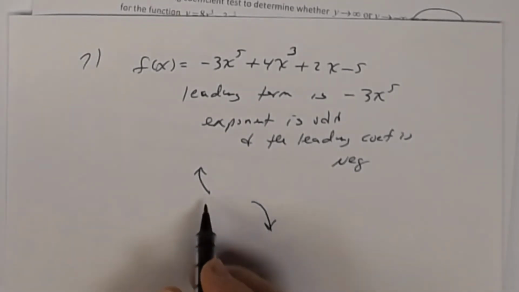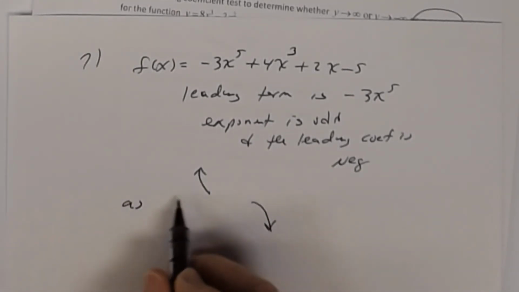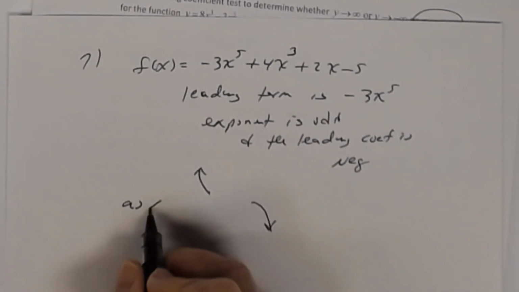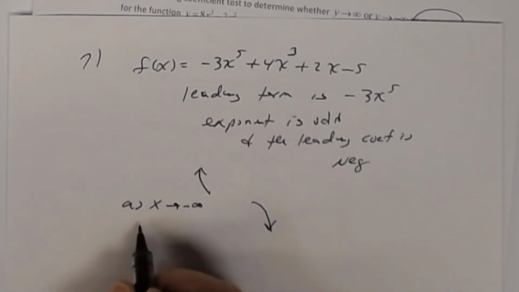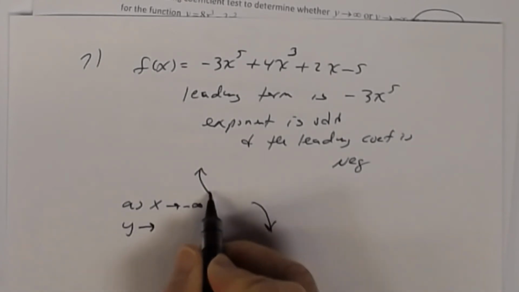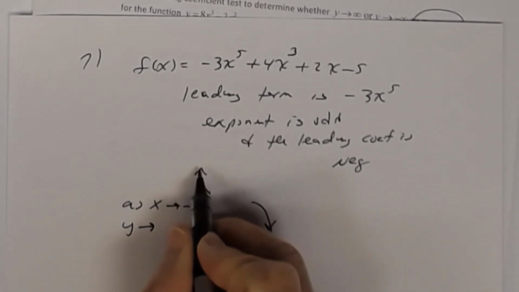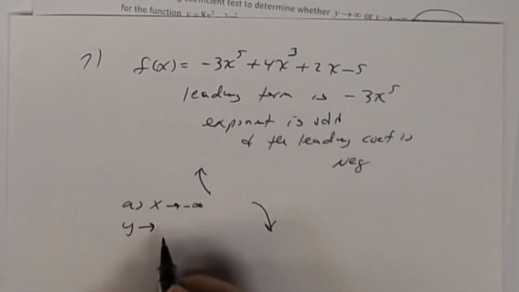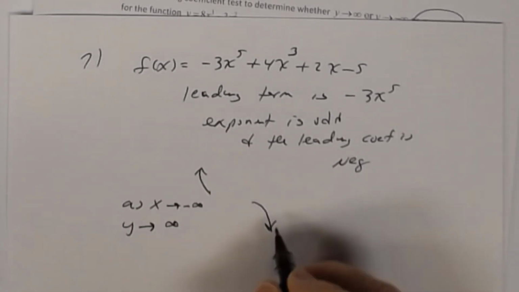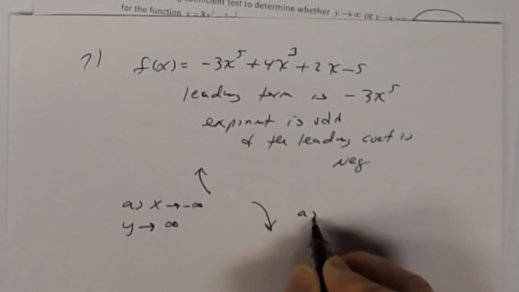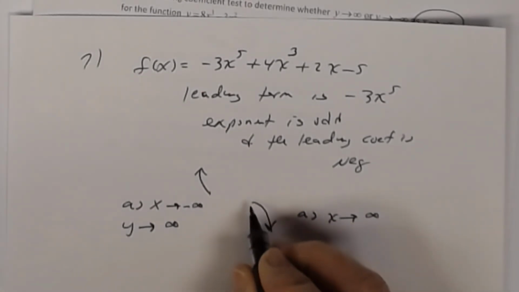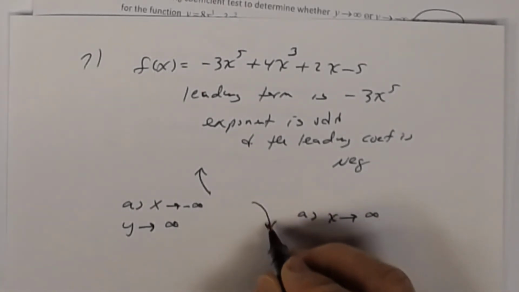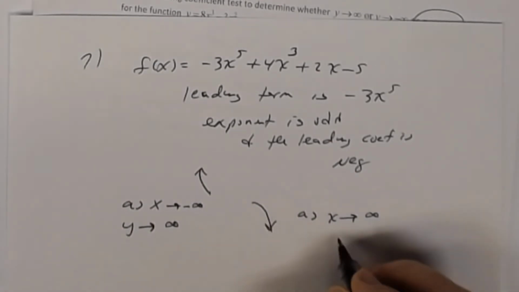All right, and what that means is this. Now remember they want both. As x approaches negative infinity, that's your left side. Y approaches, see, it's going up. So all your y values are getting larger and larger, so y is approaching infinity. On this side, as x approaches infinity, as x gets larger and larger, your y values are going down, getting smaller.